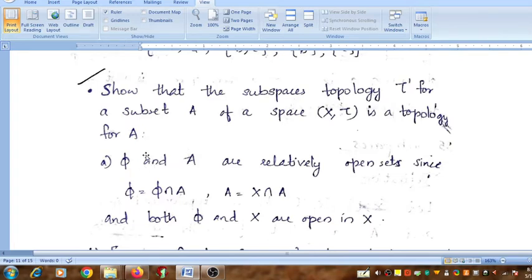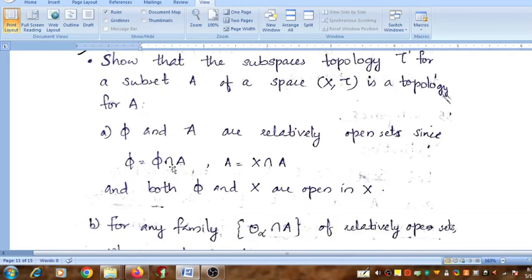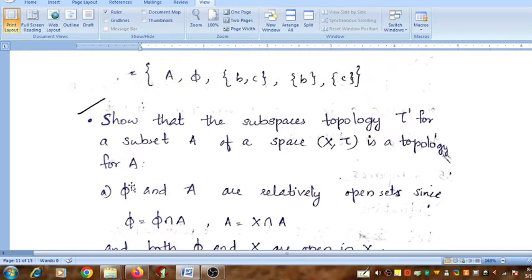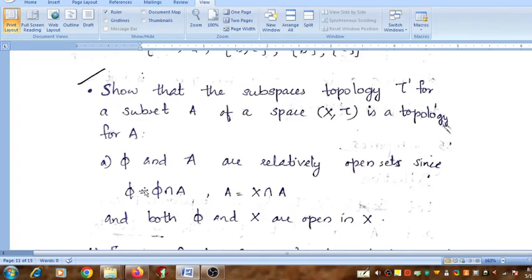First of all, we want to verify that tau prime contains the null set and the entire set. Here for A, capital A is the entire, the full set. So phi and A must be there. That is very easy to show. In the topology tau, you know that phi is already present.